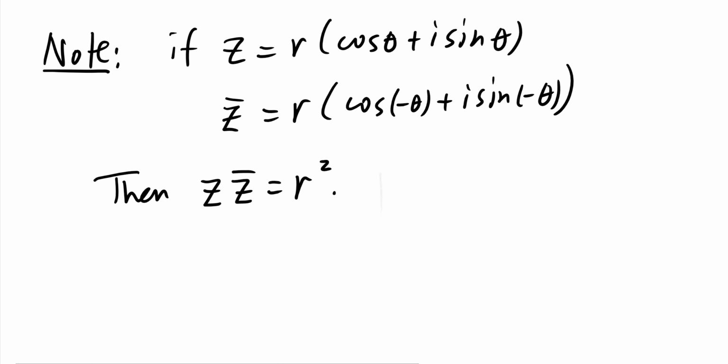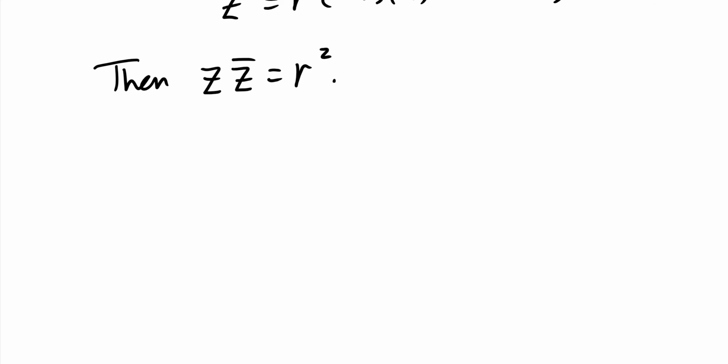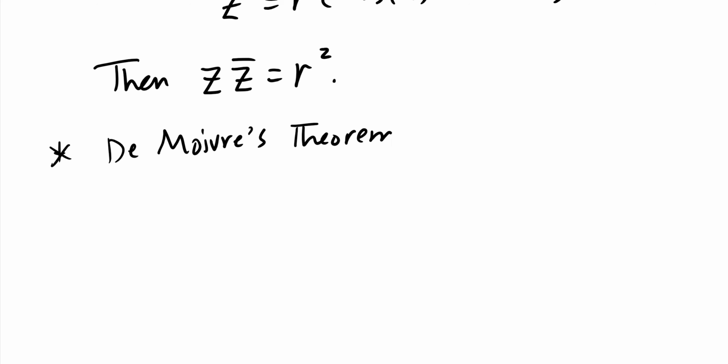Now, what other things are good to learn in this section? We have a really important theorem. It's called De Moivre's theorem. De Moivre's theorem talks basically about powers of complex numbers.